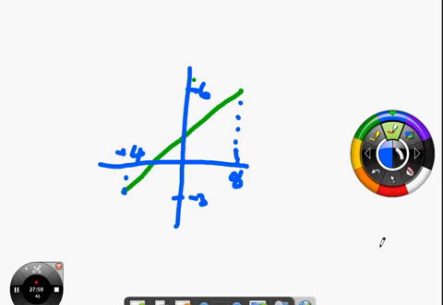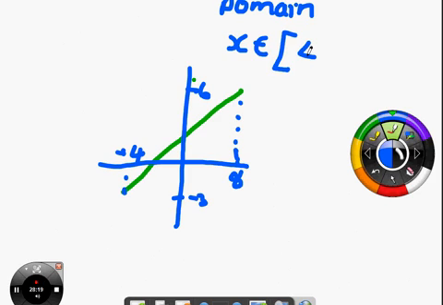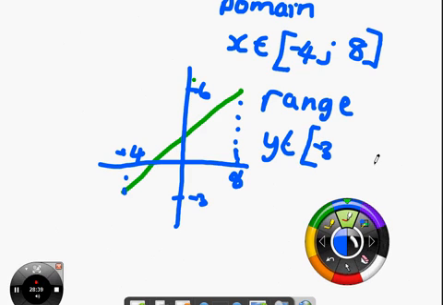Its domain in this case is x an element of, we are starting at, because here it's also including, so we're going to use square brackets, starting from negative 4 and ending at 8, because they gave you a condition. Do you see? And the range is the same. Range: y is an element starting from negative 3 and ending at 6.